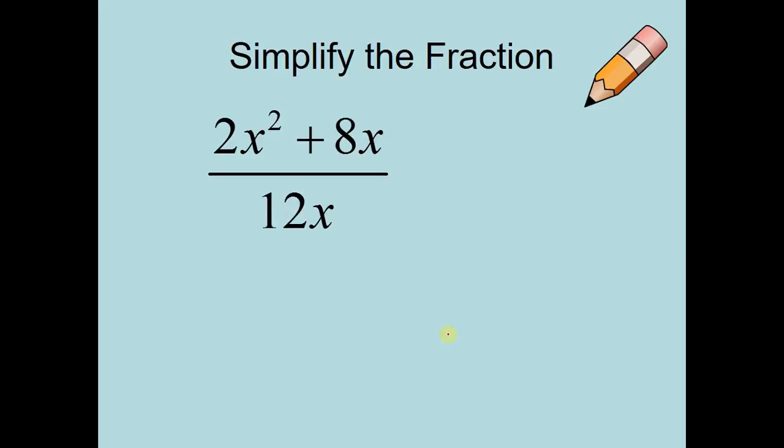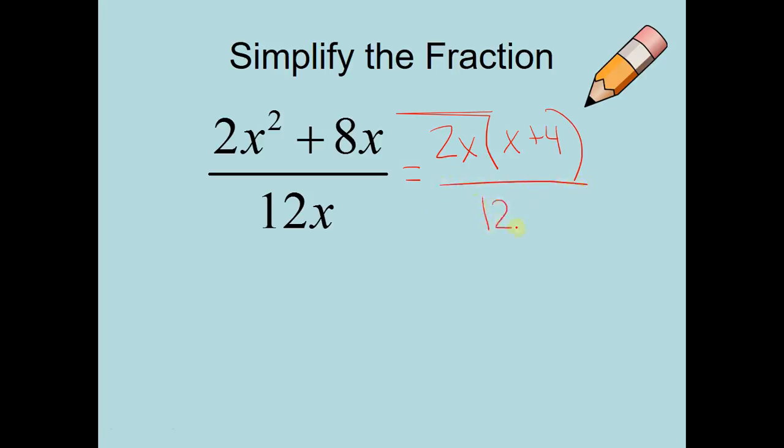Let's try the next one. So what can I factor out of the numerator? Can I factor the numerator? It looks like I can factor a 2 out. They both share an x, so it would be 2x, and I would have x plus 4, it looks like.